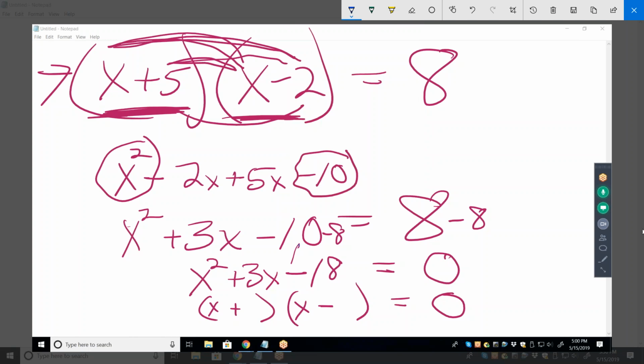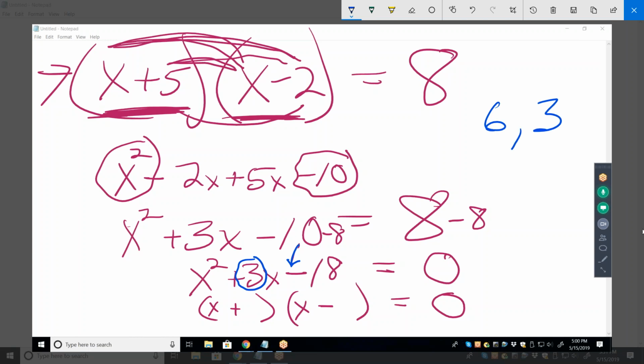In other words, if that's a minus sign, then these factors have to subtract to this coefficient. If that was a plus sign, then they would have to add to that coefficient. So that's the rule. Now, what factors of 18 subtract to the number 3? 6 and 3, okay. So those are our numbers.